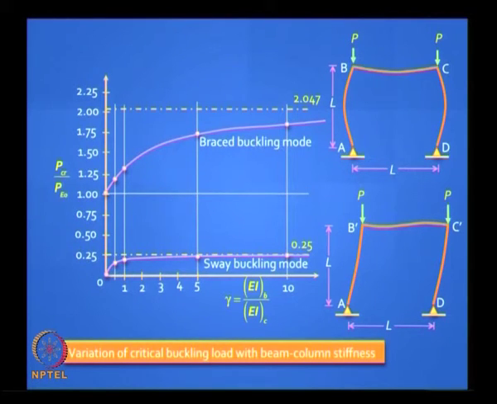Why is it only 0.25? Yeah, we have seen how that upper bound works out. So that is dramatic. Deciding whether a building is braced or unbraced has massive significance in terms of determining what is the critical buckling load.